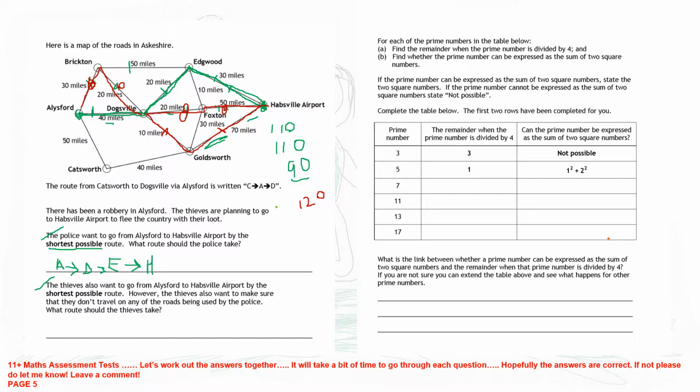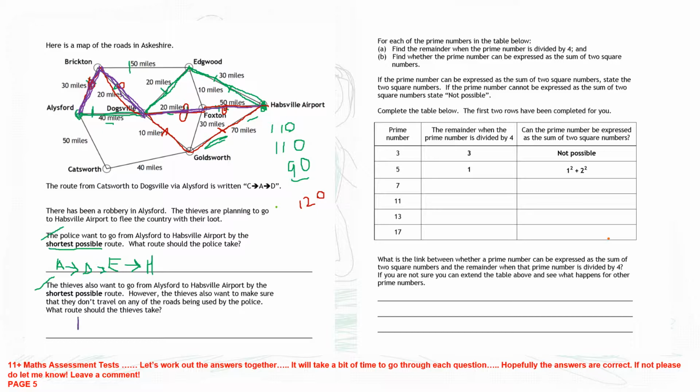They can't go on any of this route because that is used by the police. So the route that they are going to take is, if I use purple now to show which route they will take, I think is this: Aylesford to Brighton, Brighton to Dogsville, Dogsville to Foxton, Foxton to Habsville Airport. So 50, 20, 70, 20, 90 and 30, 120.